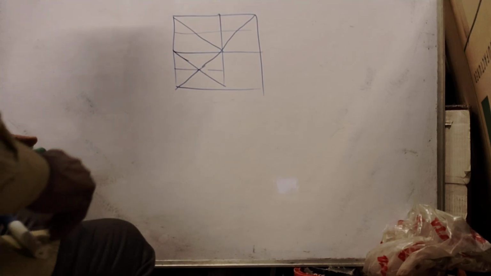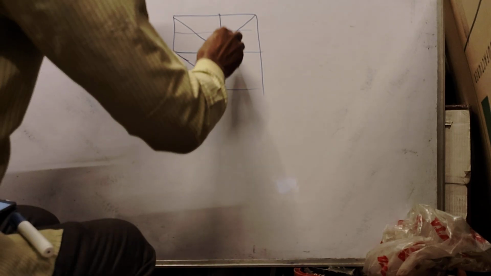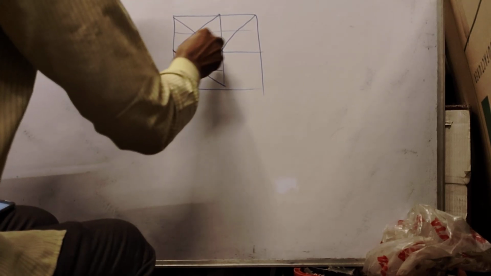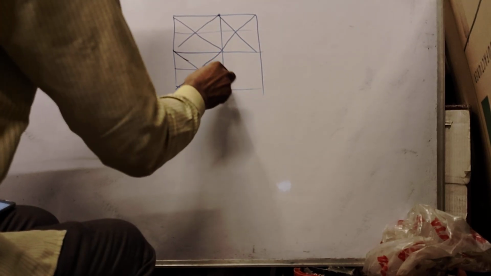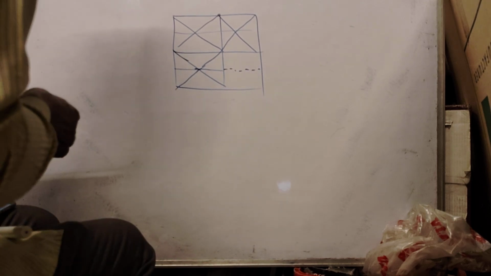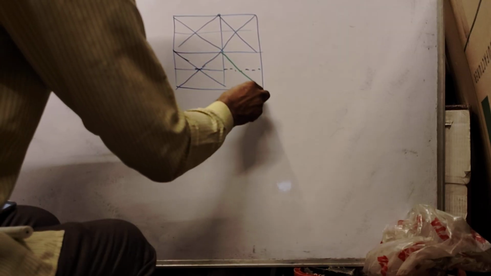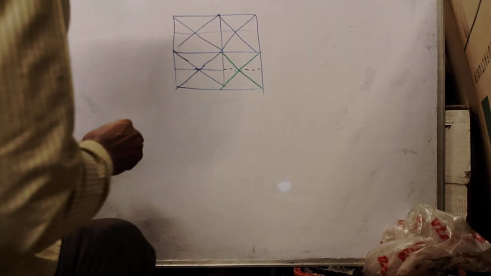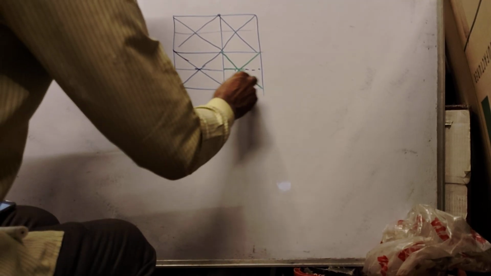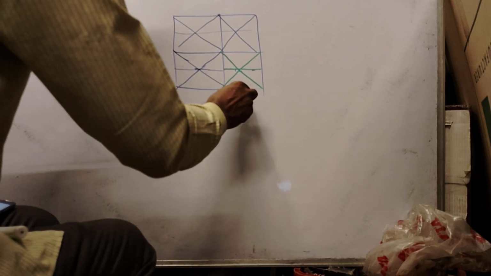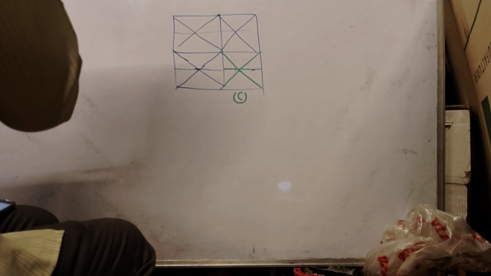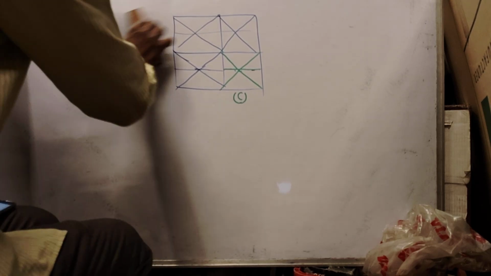Yes, the line should come this way, continue, and then this continues. Yes, this is given in the C option, so C option is correct. So this will complete the pattern.